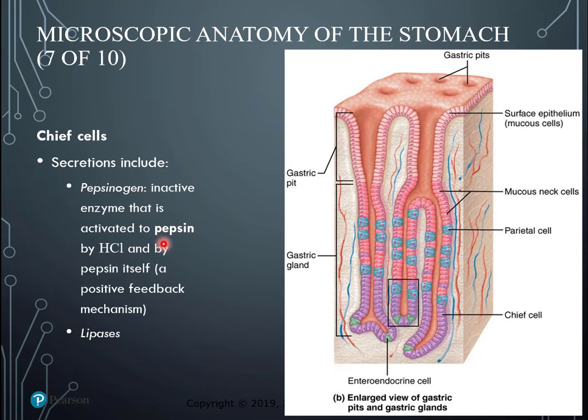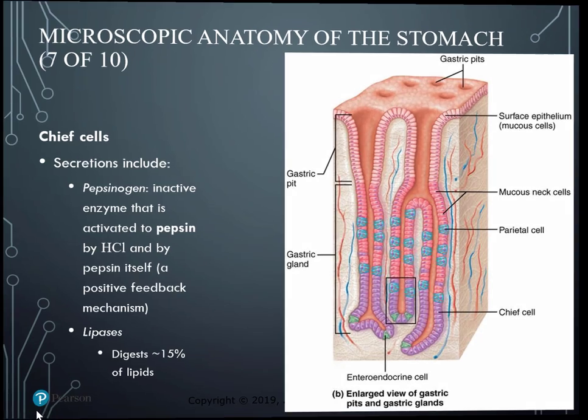It has to be activated into pepsin by hydrochloric acid. And the chief cells also produce lipase, which can digest fat, but because there is no emulsification of fat in the stomach, only roughly 15% or less of the lipids is actually being digested. Only the small triglycerides are being digested by the lipases in the gastric juice.